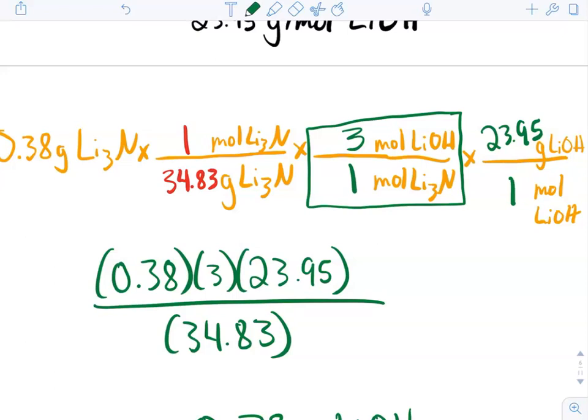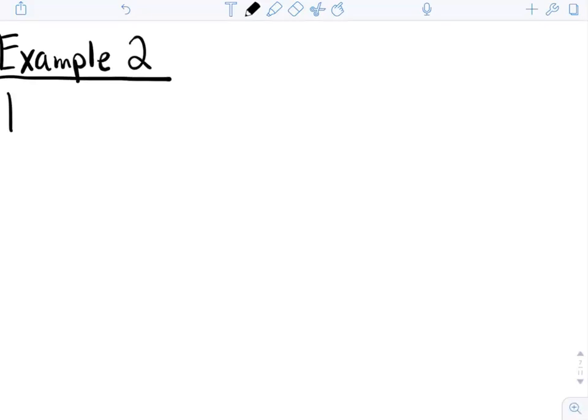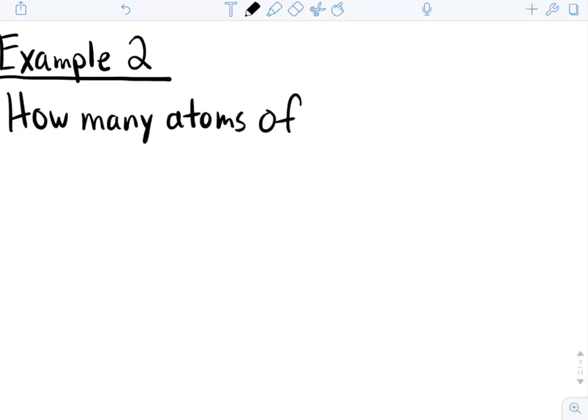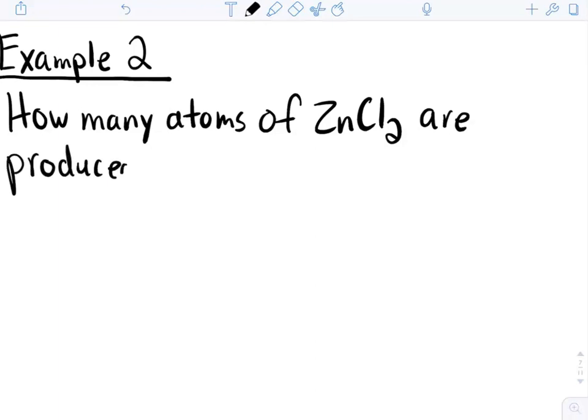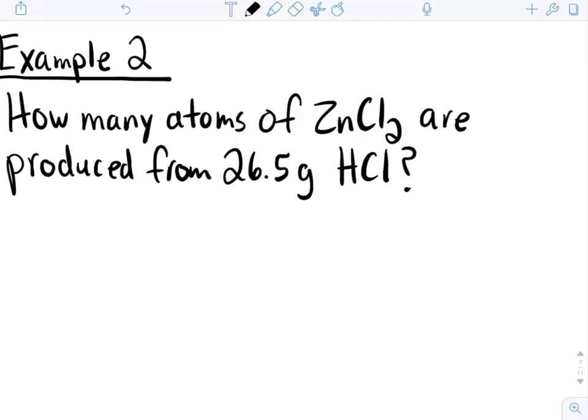Okay? So, let's look at another one. So, this is example 2. And this one is how many atoms of zinc chloride are produced from 26.5 grams of HCl.